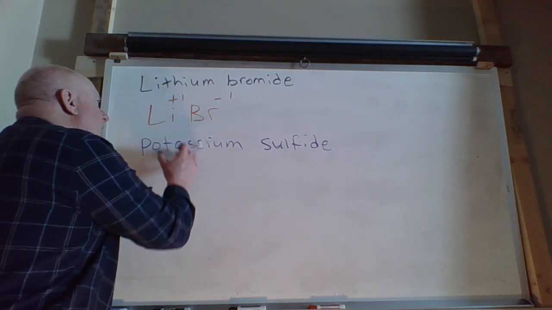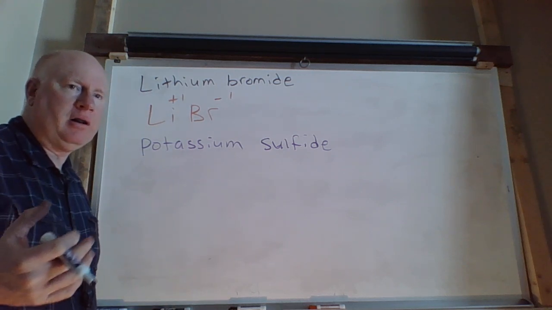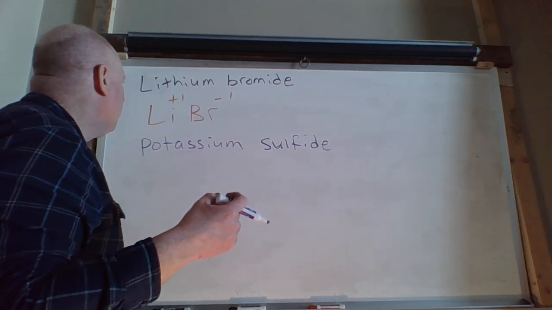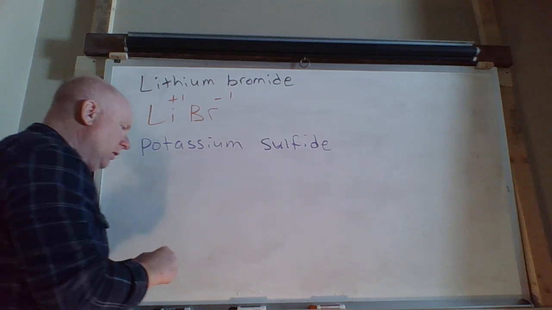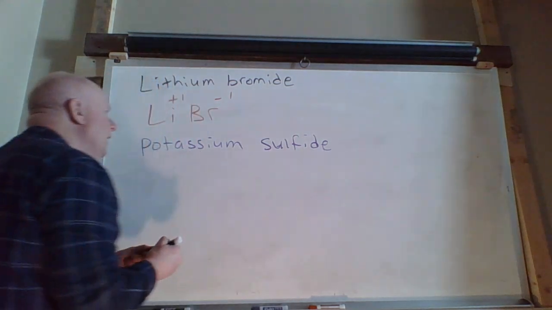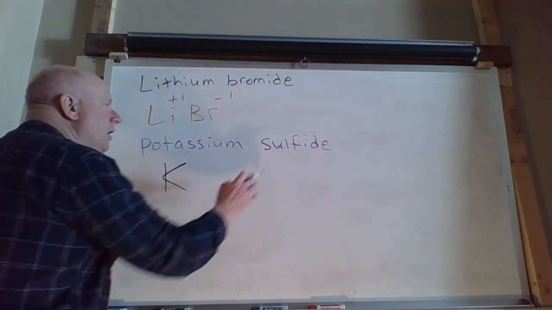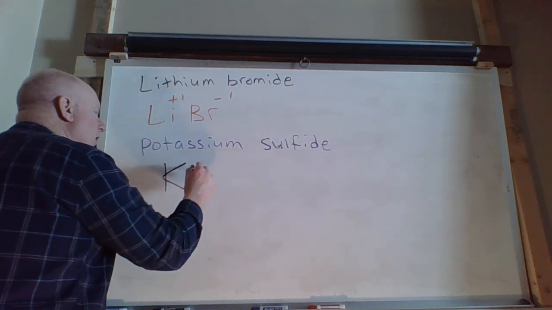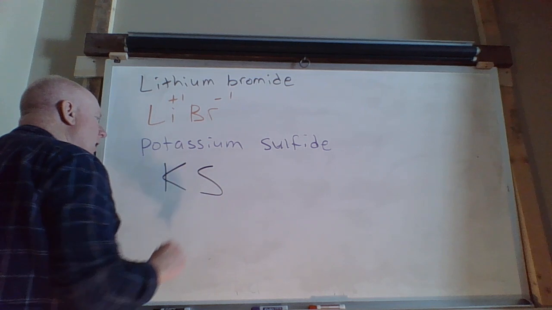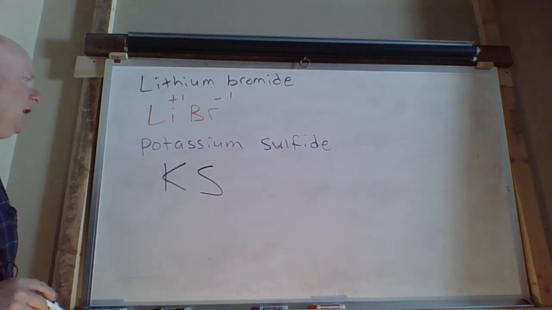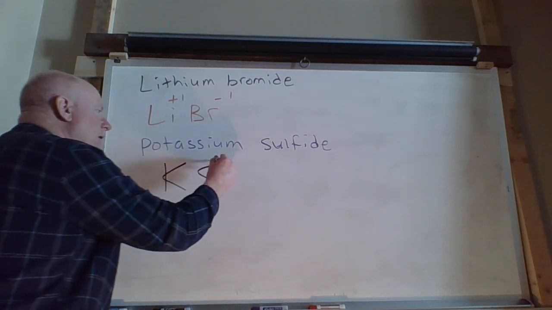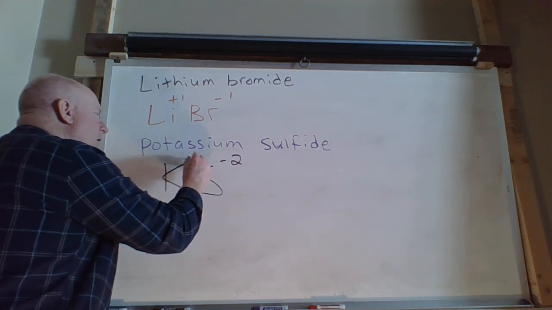But potassium and lithium only have one type of charge because it's in column 1, so it only has a charge of +1. So in this case, again, the symbol for potassium is K. The symbol for the sulfide ion is just S. Okay, so if we have K and S, go by our charges, and we've got -2 here, +1 there.